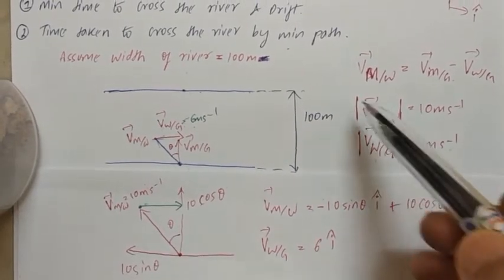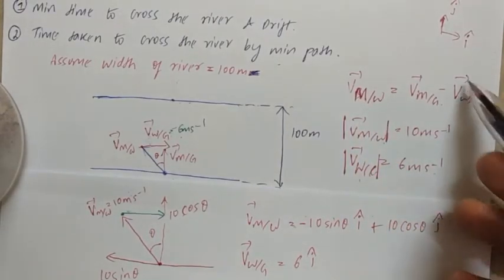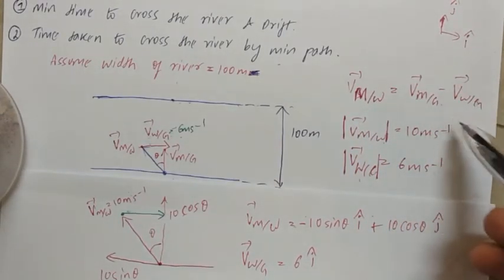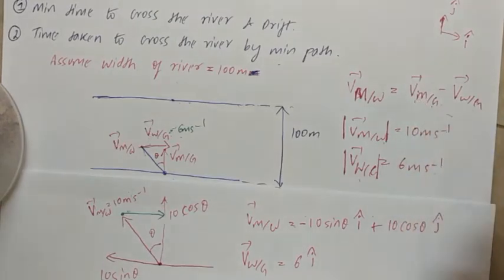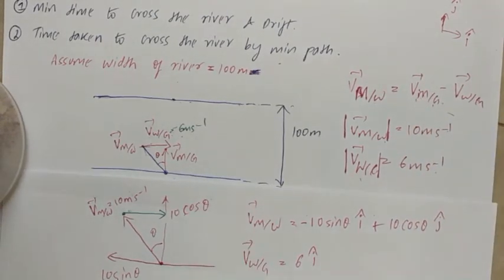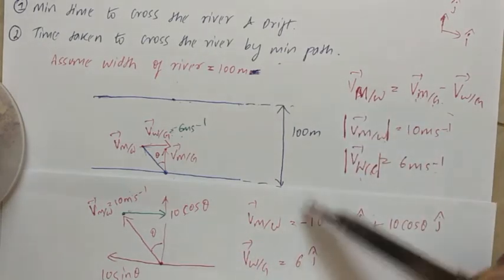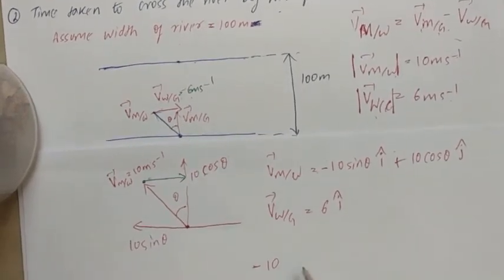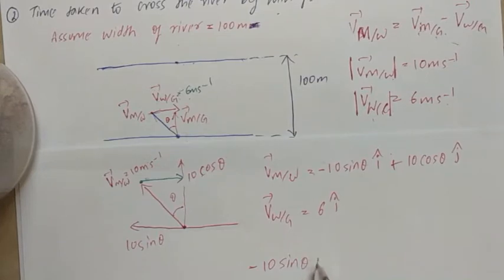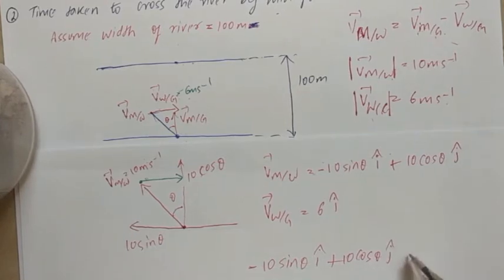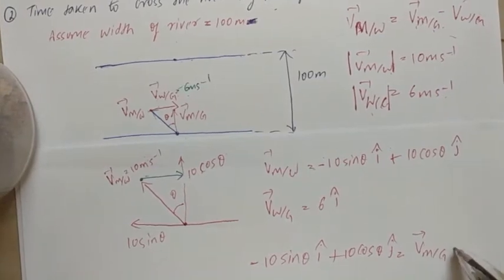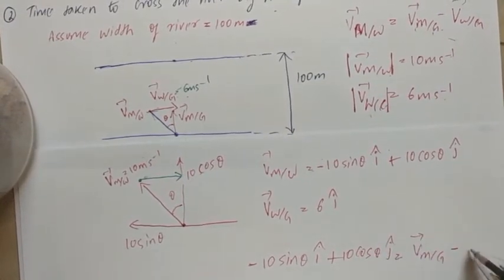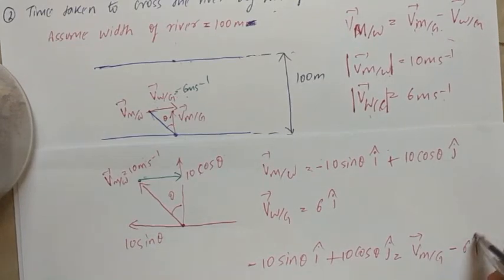Now we can use this equation in order to find the velocity of man with respect to ground. We can plug in these two values: the velocity of man with respect to water is negative 10 sin theta i plus 10 cos theta j, which is equal to the velocity of man with respect to ground, which needs to be found out, plus the velocity of water with respect to ground, that is 6 i cap.